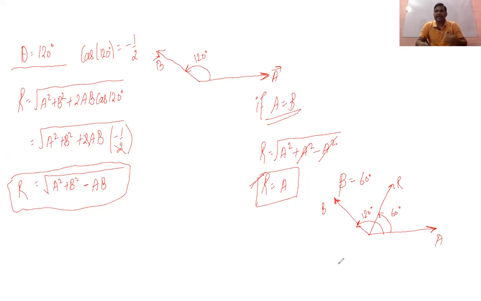So coming to the next, that is the law of polygon. Once we understand the law of polygon, then we'll come to the associative and commutative law of vector. So should we move ahead?